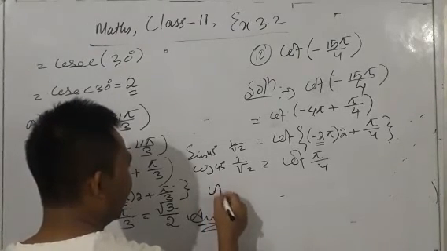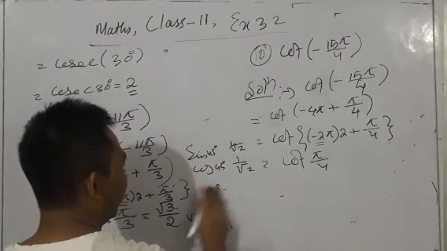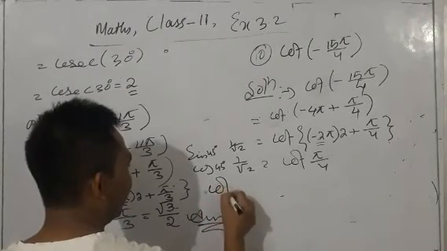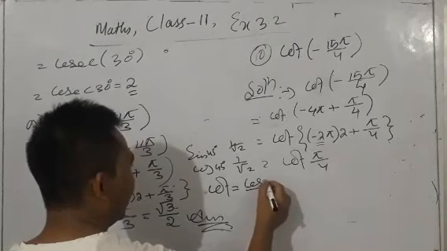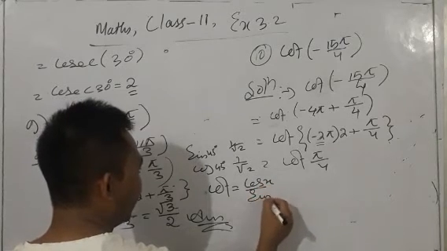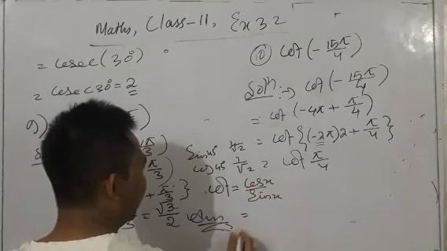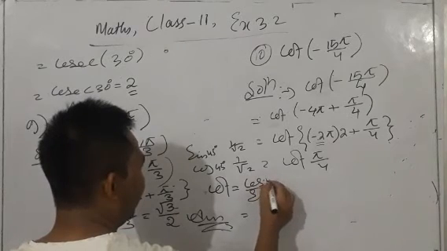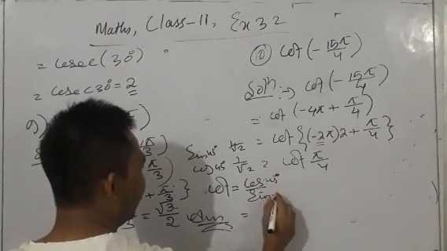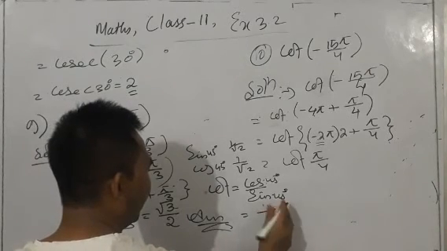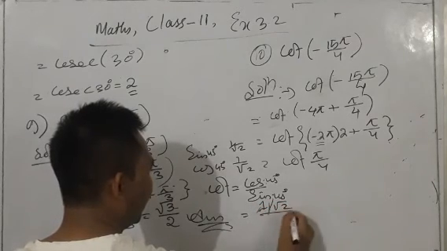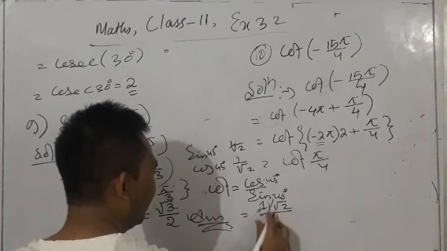Cot is nothing but cos x by sin x. If we consider 45 here and 45 here, it will be 1 upon root 2 and 1 upon root 2.